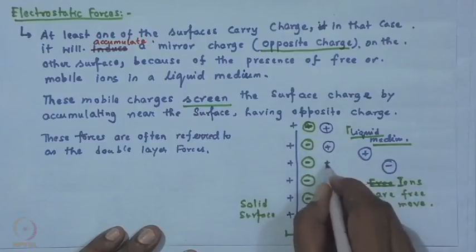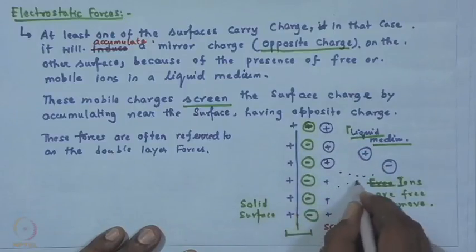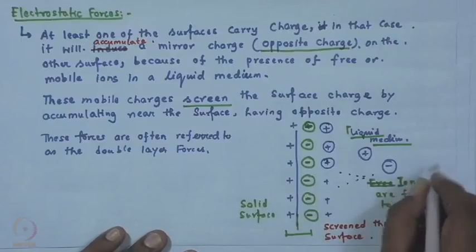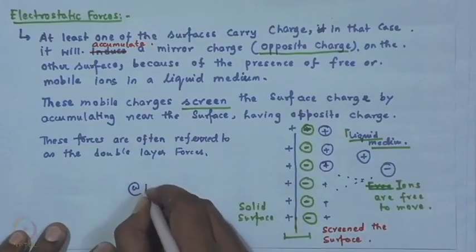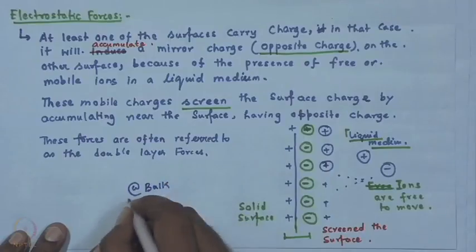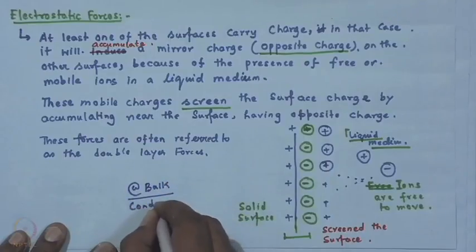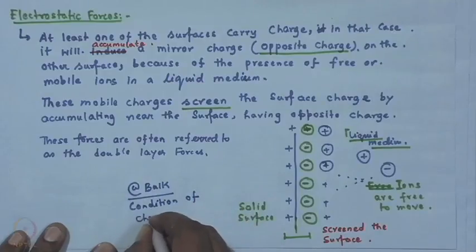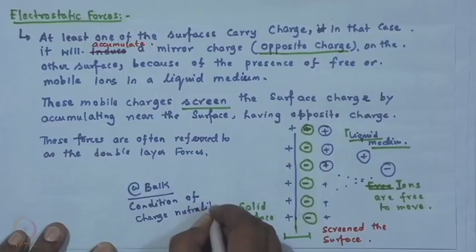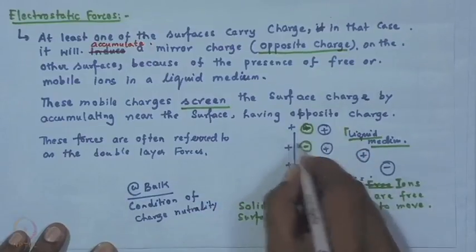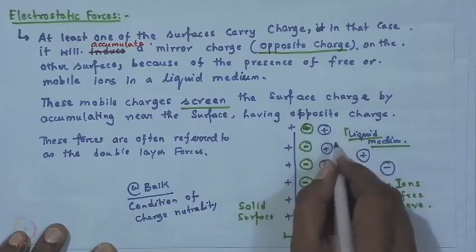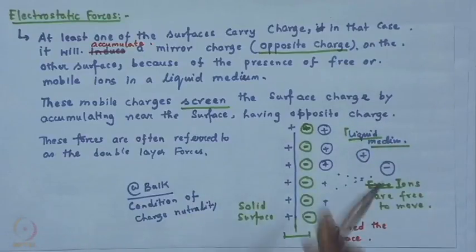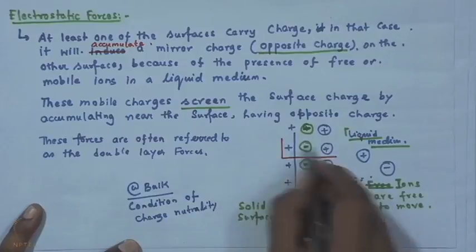And then eventually in the bulk there will be a condition of charge neutrality. This whole structure close to the charged surface is referred to as the electric double layer.